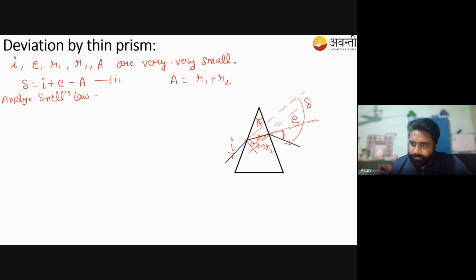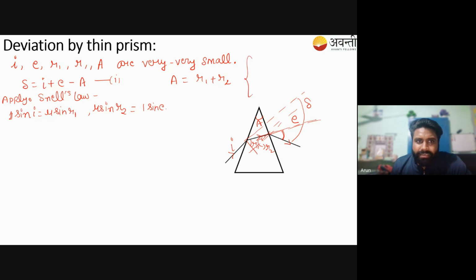On boundary 1, if we apply Snell's law, it is 1 sin i equals mu sin r1. And on boundary 2, it is mu sin r2 equals 1 sin e.